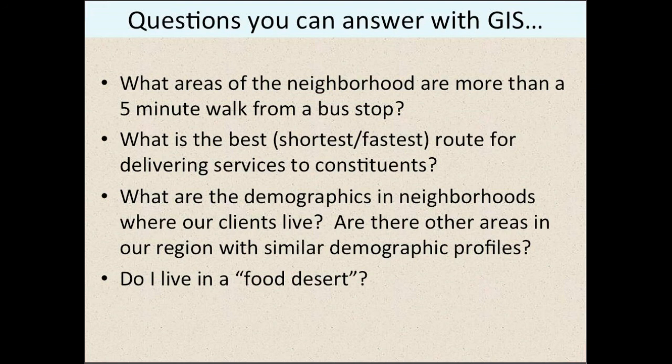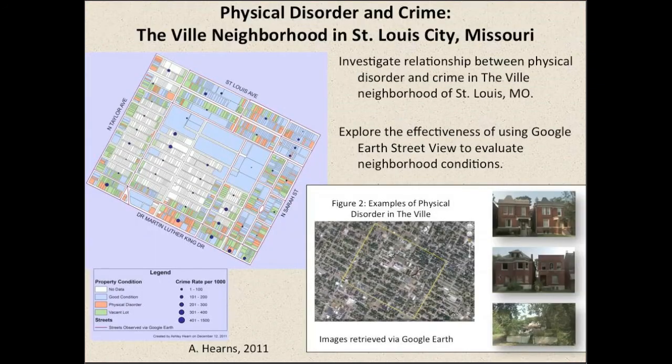Now let's look briefly at a couple of specific projects from past students in the Master of Social Work program. Here's a study that looked at the correlation between physical disorder and the prevalence of crime. More than 600 properties in a St. Louis neighborhood were classified using Google Earth Street View to remotely evaluate property conditions.